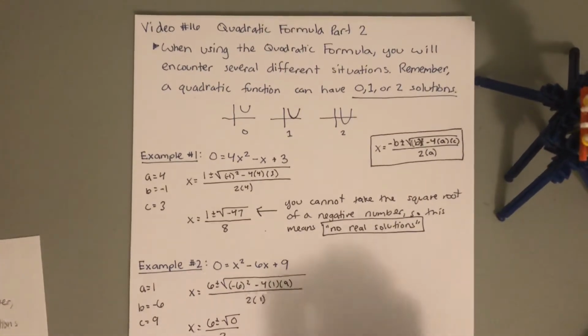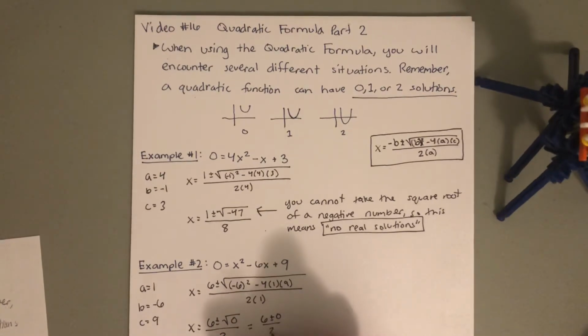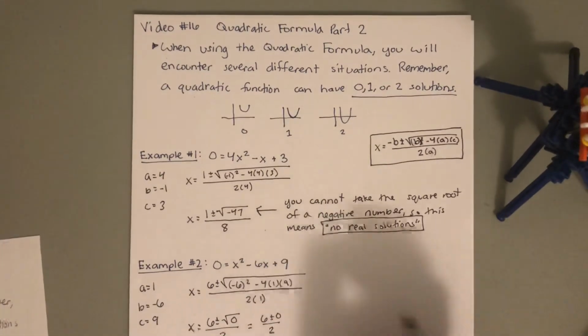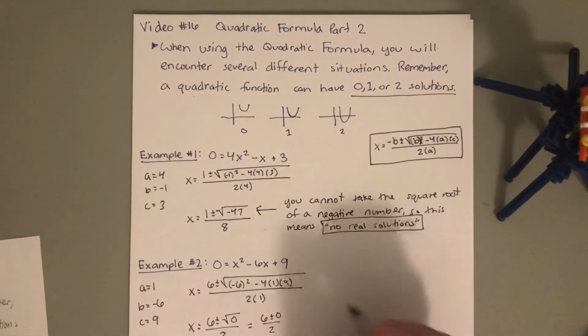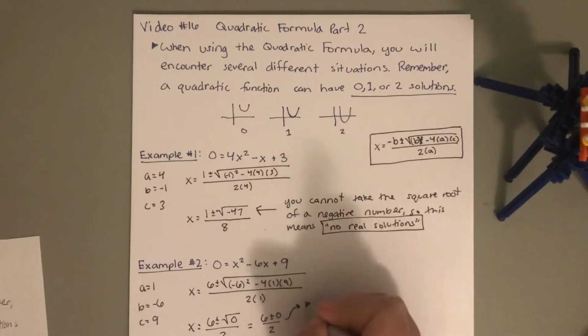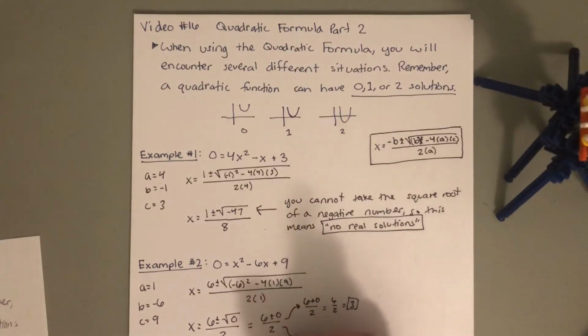Now, if you notice, we're taking the square root of 0 here. The square root of 0 is just 0, so it's really 6 plus or minus 0 over 2. Now 6 plus 0 over 2 is just 6 divided by 2, or 3. And 6 minus 0 divided by 2 is just 6 divided by 2, or 3.